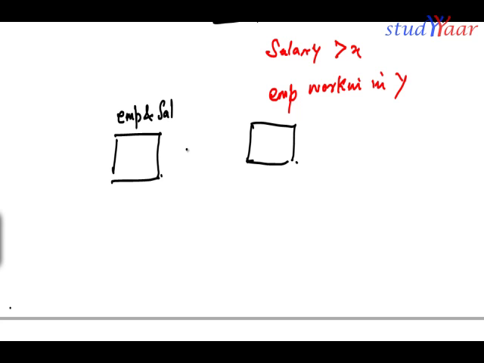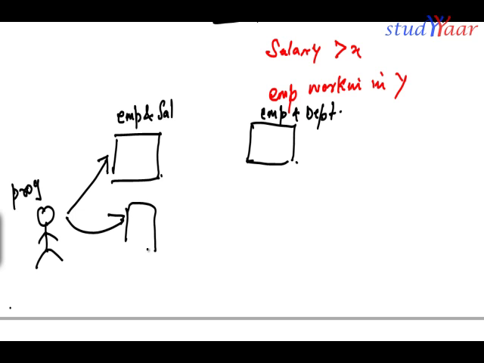And this file basically has the details of the employee and his salary. And this file has the details of the employee and his department. Okay, so now the next time someone asks this programmer to find salary greater than 80,000, he just has to read this particular file in this program.